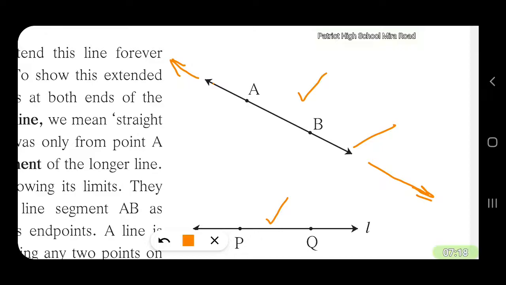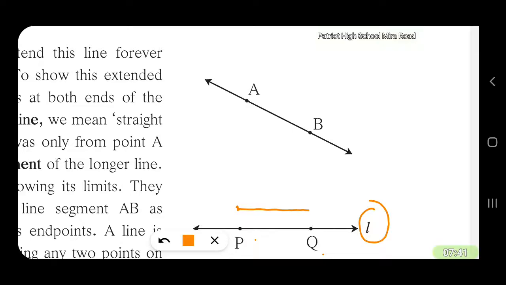So this is line AB, this is line PQ. Now PQ, there is L over here. What does it mean? It is a line L with points P and Q marked on it. PQ will form the segment of the whole line. It is part of the line. It is measurable.